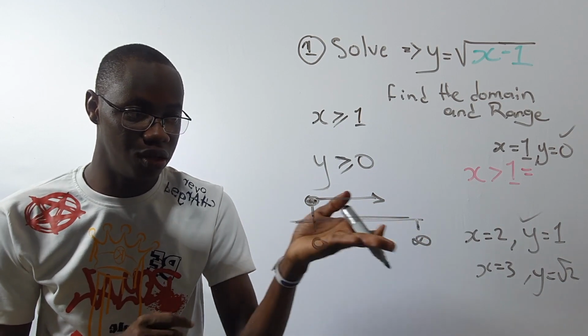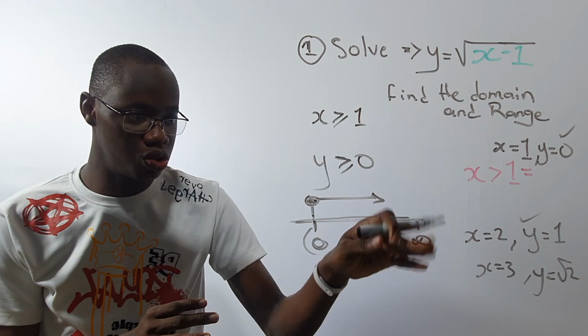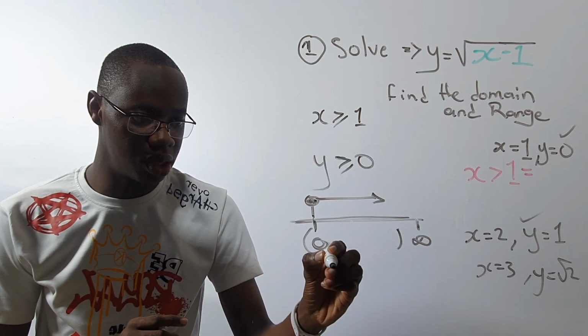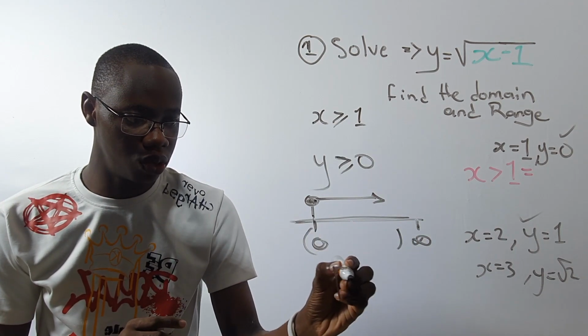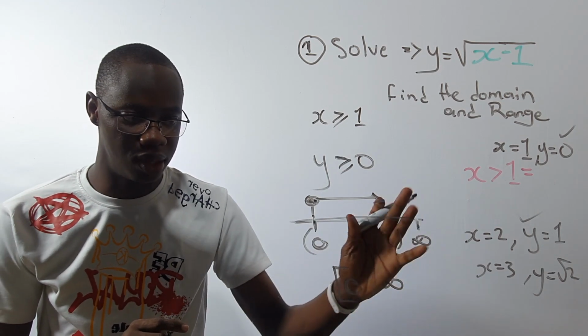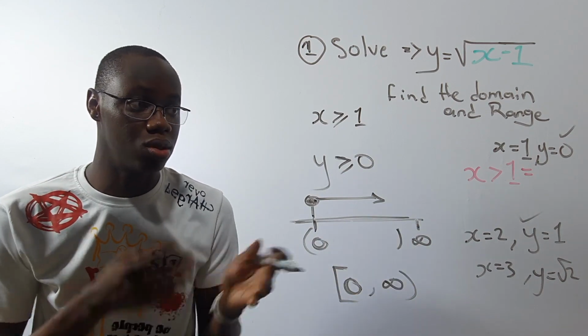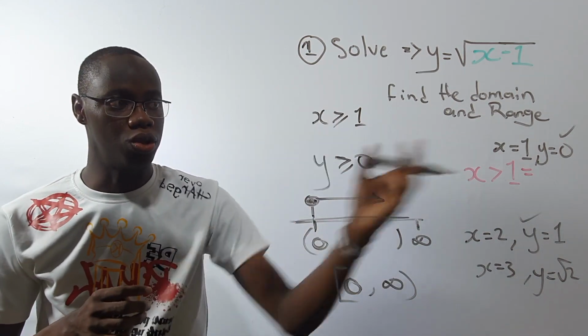But it can never be infinity, so it's always going to be here and here. We're not going to reach all the sides, so let's put it as 0, inclusive, to positive infinity, not inclusive. So that's what the symbol means. So that's your answer for this question. Very easy.